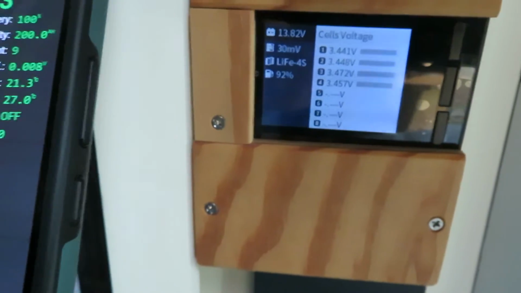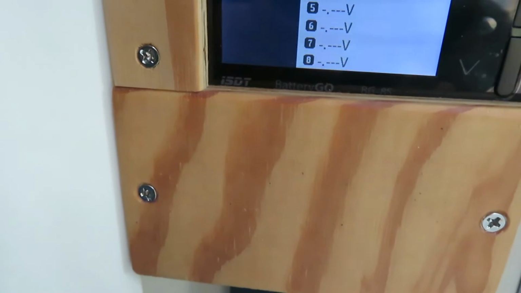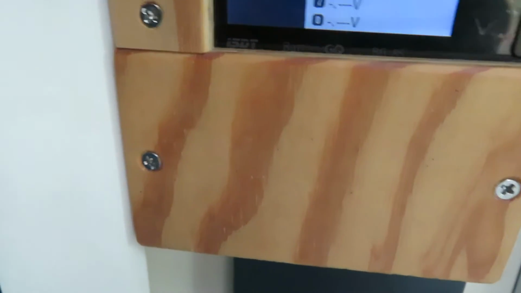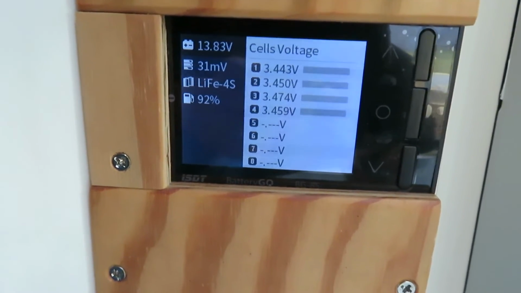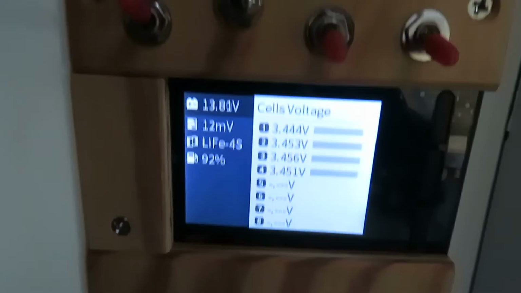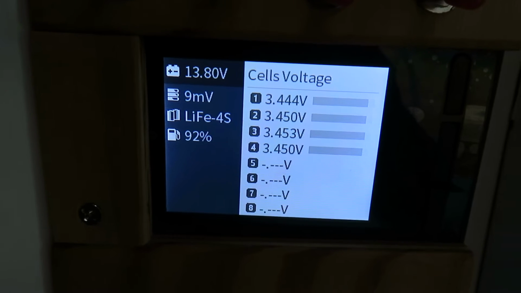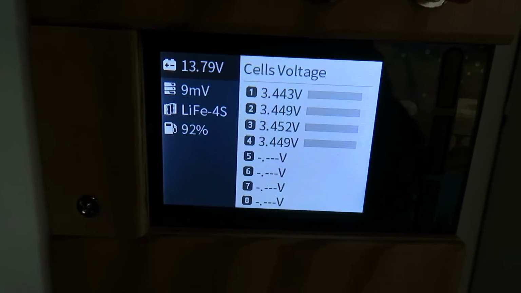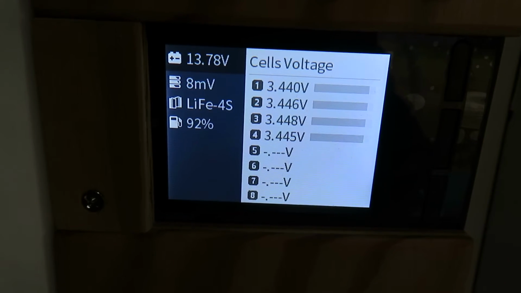And the left hand side eco track is 13.82 volt, and the imbalance is 31 millivolt. And let's take a look at the right hand side battery. The right hand side battery is 13.8 volt, and the imbalance is 9 millivolt.